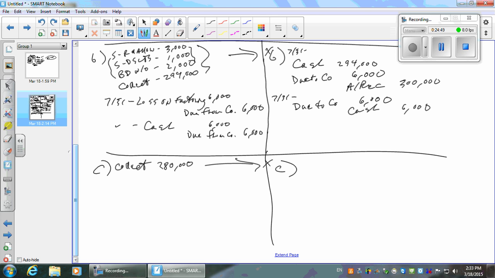What would they do? Debit what? Cash for 3. Credit what? They're giving up. Cash receivable for 300. Debit the due from company for 20,000? Well, 20? I don't owe that much, I only owe 12.